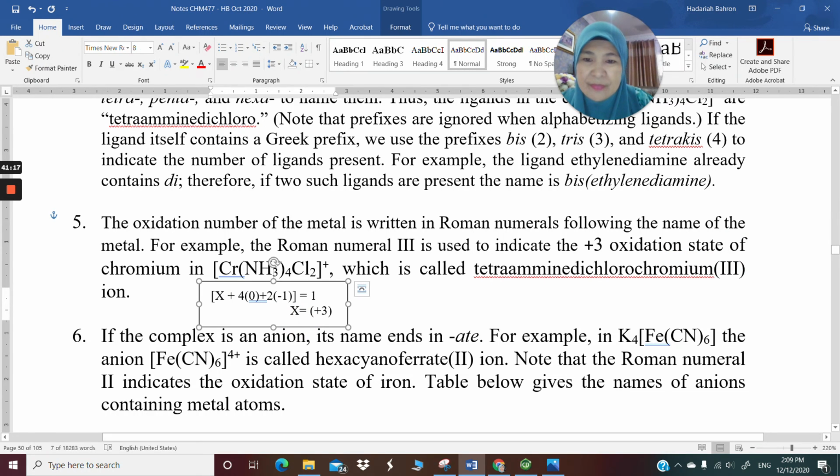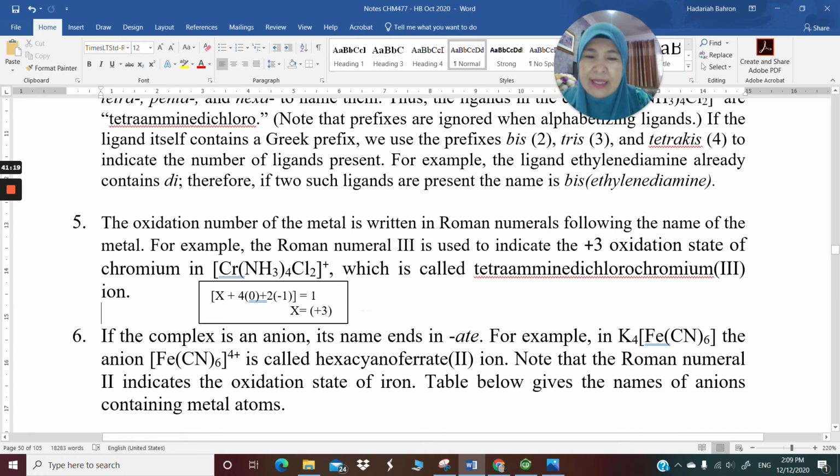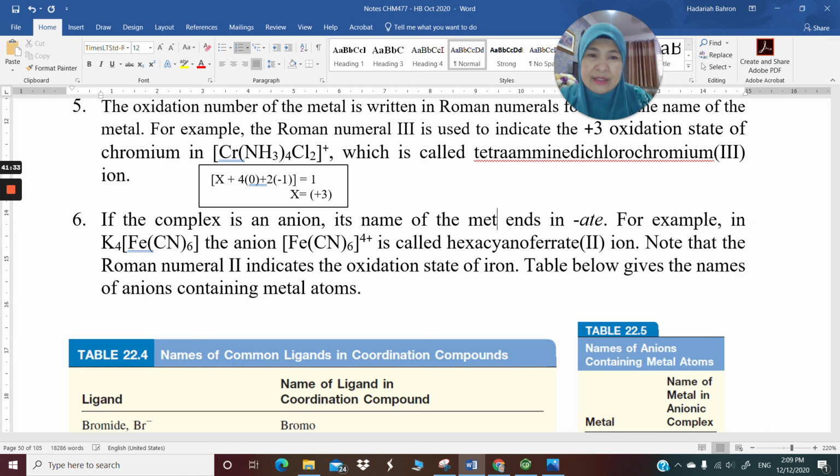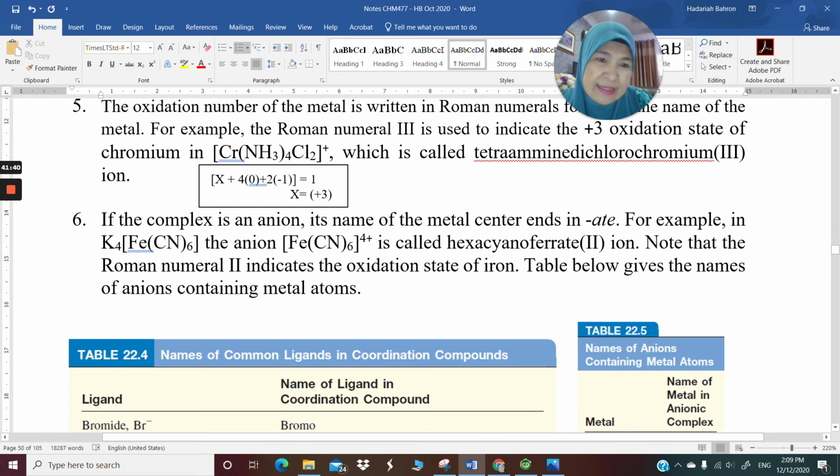And then, if the complex ion is an anion, or if the complex ion has a negative charge, then the name of the metal center ends in ate. For example, here you have potassium as a counter ion, which is the cation, and you have Fe(CN)6. You have 6 cyano.